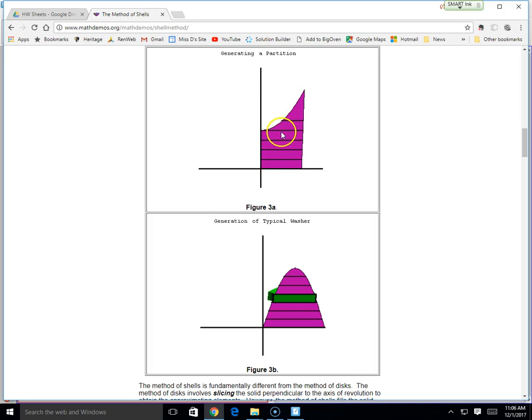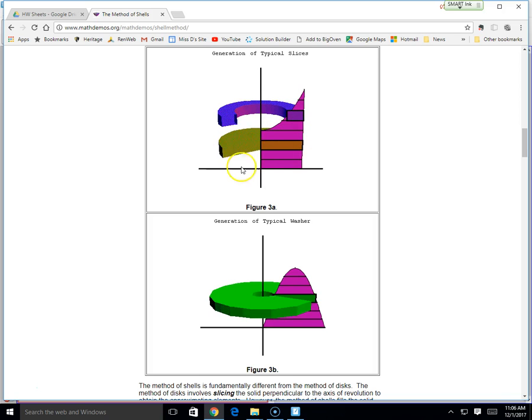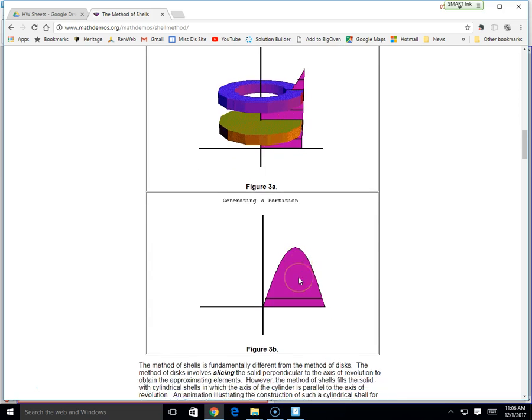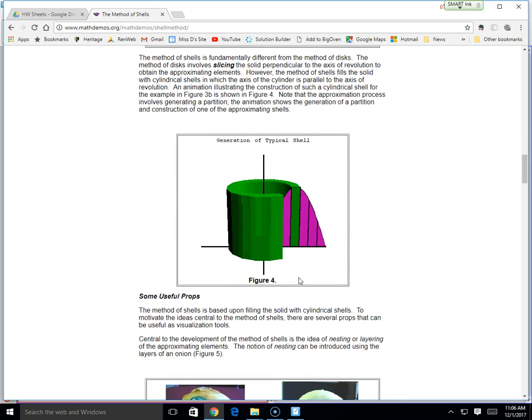You guys see here, they're showing the discs and the washers, right? Yep. For the discs and the washers, we cut perpendicular. So these slices are being cut right to left, and then we accumulate. The discs accumulate, but the washers are needed when we have a region not flush to the axis. So that's how discs and washers work, cutting perpendicular.